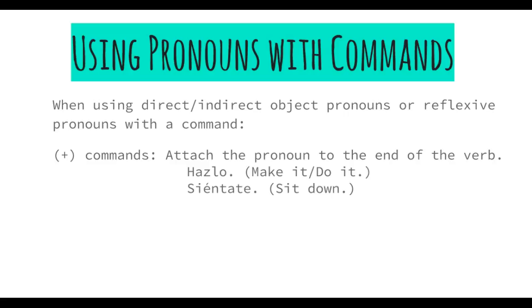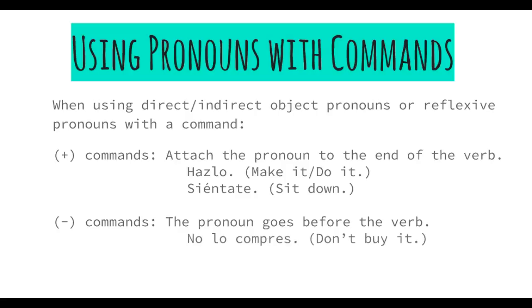Siéntate, sit down. Coming from the verb sentarse, which is a reflexive verb. If it is a negative command, the pronoun goes before the verb. Here are some examples. No lo compres, don't buy it. No te vayas, don't go away, coming from the reflexive verb irse.